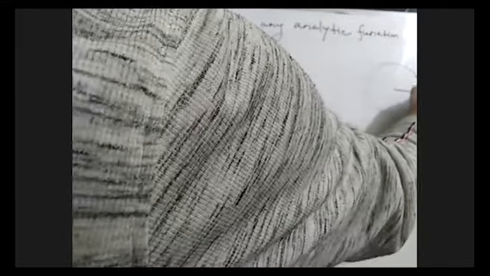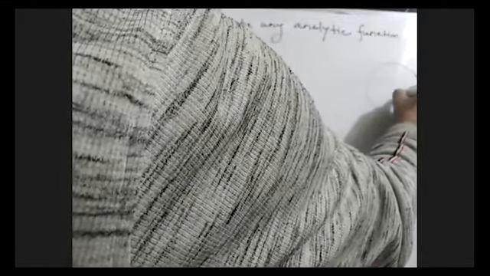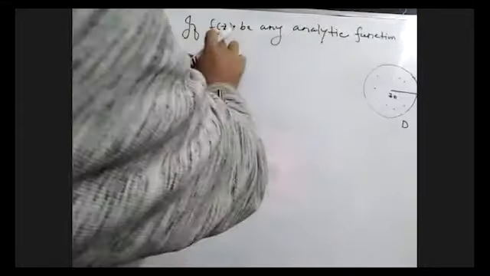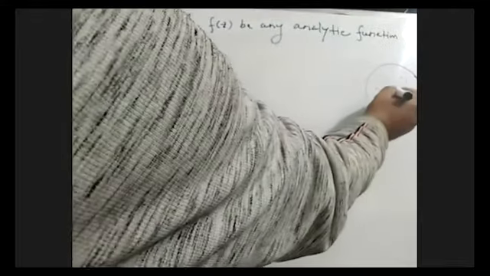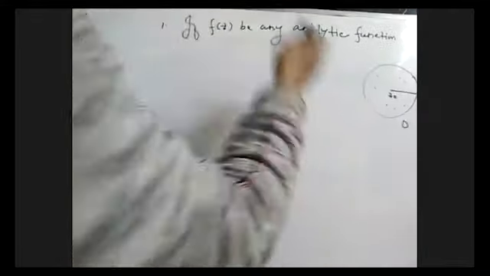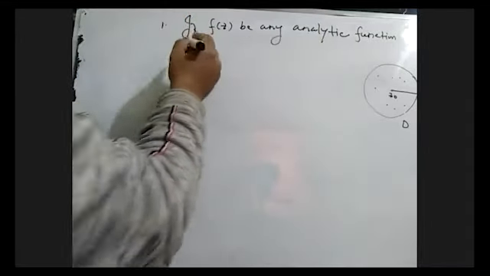Suppose this is the entire domain D. This is z naught and z1, z2, z3 and so on. There are many points, so this f of z will be continuous at every point. If we take any neighborhood of z naught, then it will be continuous.